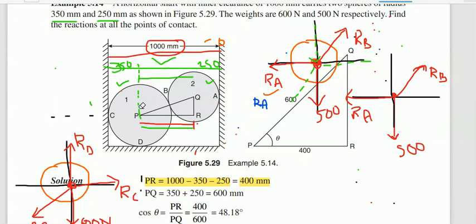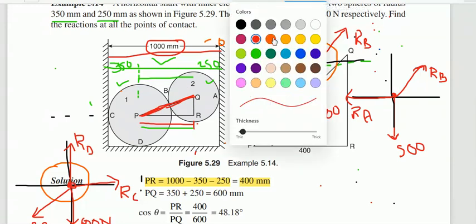Now we want the distance of PQ. It's nothing but this distance. Can anybody answer what is the distance of PQ? Just observe the figure and try to answer. 600 millimeter. How is it 600?